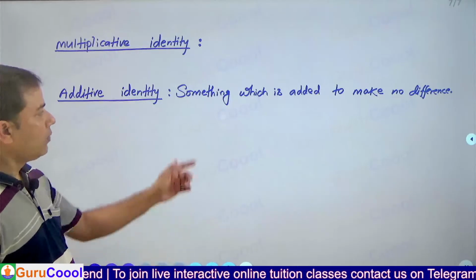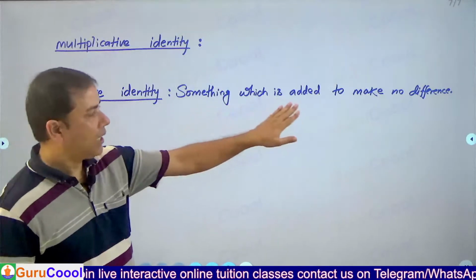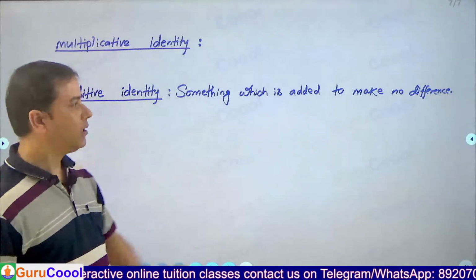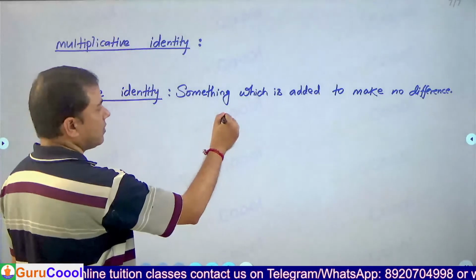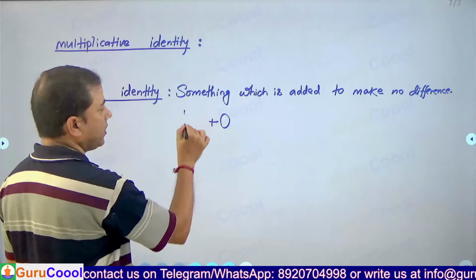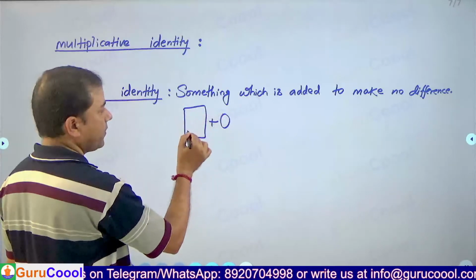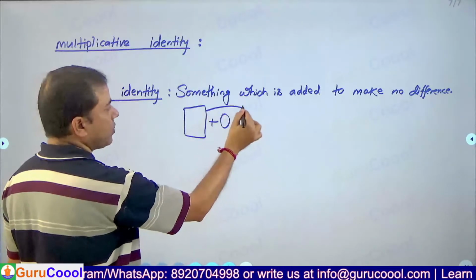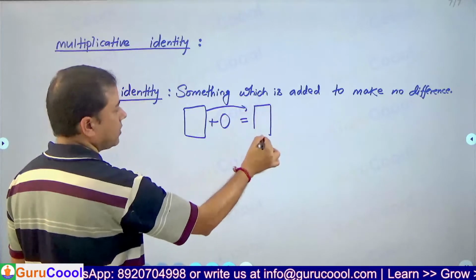Can you tell me what is that thing which is added and there is no difference? Zero, sir. Exactly, zero. Zero is the thing you add with anything, just anything, and the result will be same to same without any change, no difference.